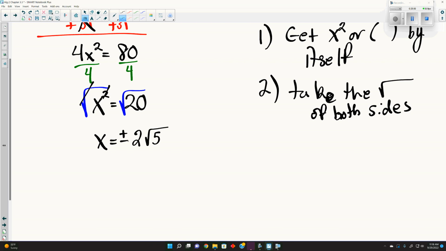Well, 2 square root of 5 squared is going to be 20. Negative 2 square root of 5 squared is still 20. So we have to have the positive and negative case. Third step is to solve for x. Is x by itself? Yeah, so we're done.